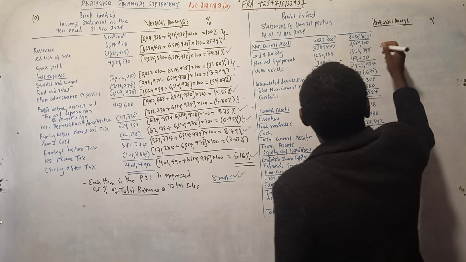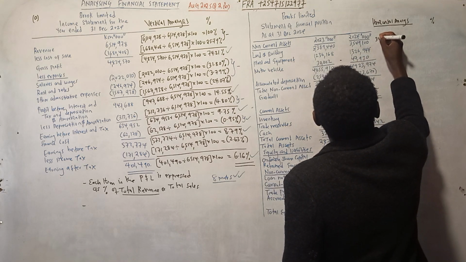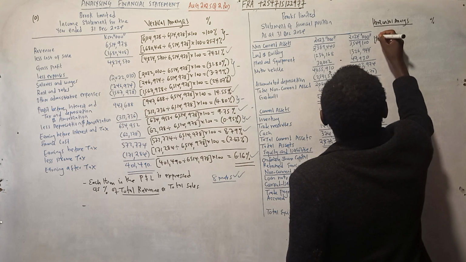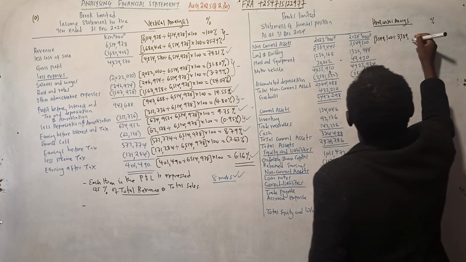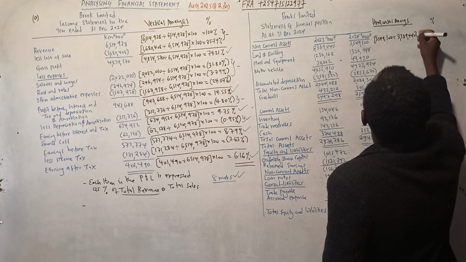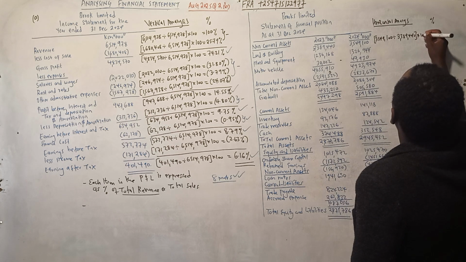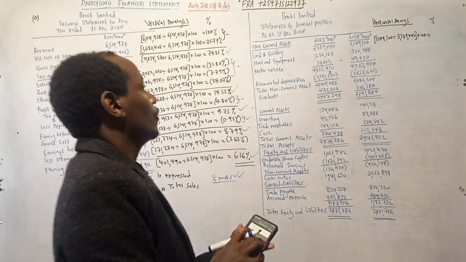For example, the first one, we take 3,549,100. We divide with the base year, 3,389,440. Then you multiply by 100 to get the percentage.